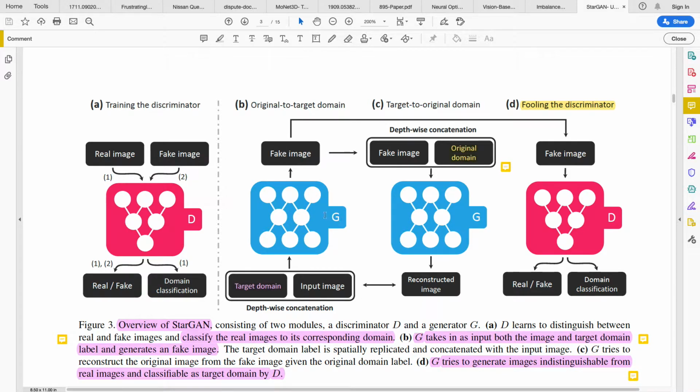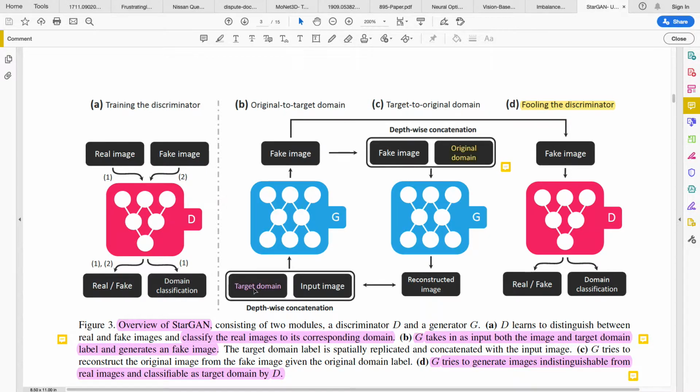Now, in addition, the generator, while trying to train this network, after generating the fake image, we will supply it with the original domain label. So here you have the input image and you have the target domain. We want the generator to generate an image in a particular target. Maybe we want it to generate a sad face.